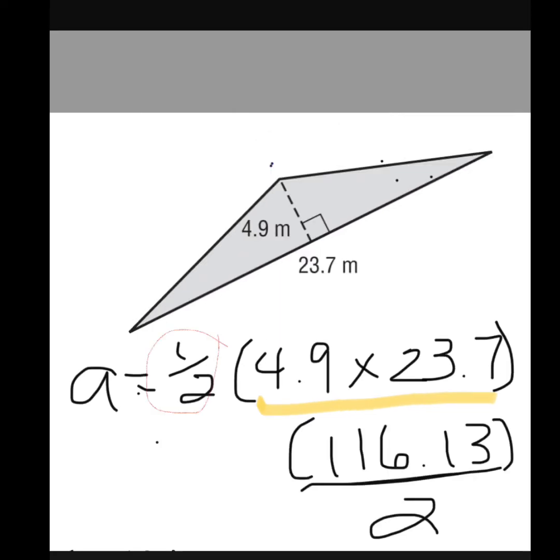After multiplying 4.9 times 23.7, or 4 9/10 times 23 7/10, I got 116 13/100. So I took the 1/2, notice I've circled it, and now I've just put it under my answer as a fraction, dividing by 2.